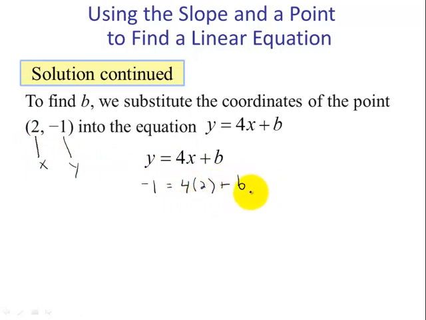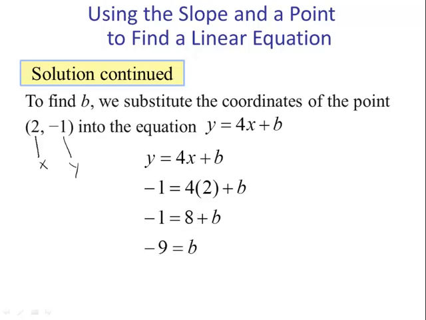And now we solve for b. So now we multiply. 4 times 2 is 8. Solving for b, we need to get rid of the 8, so we subtract 8 from both sides, and we get negative 9. So b is equal to negative 9.